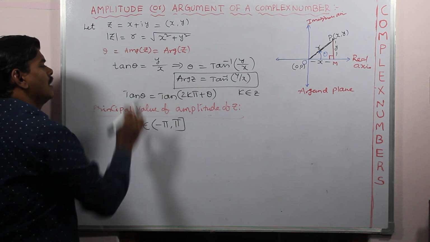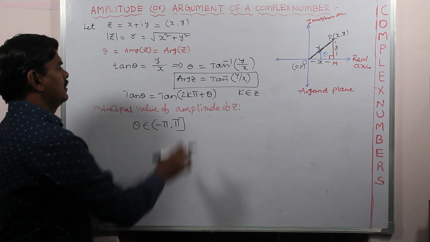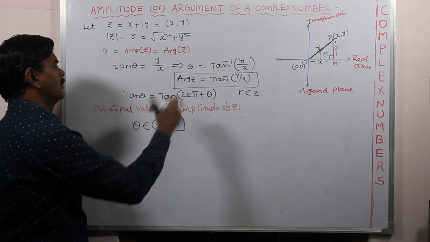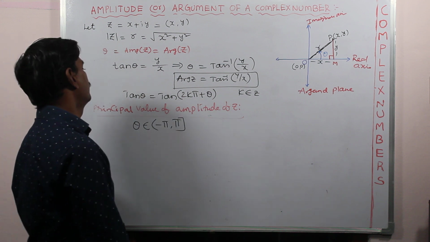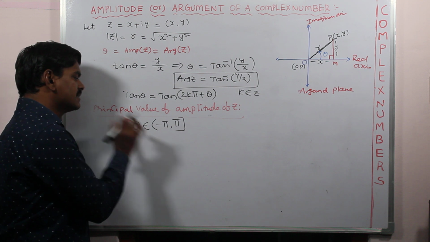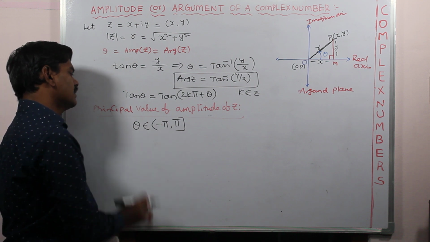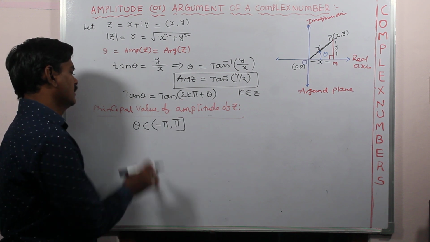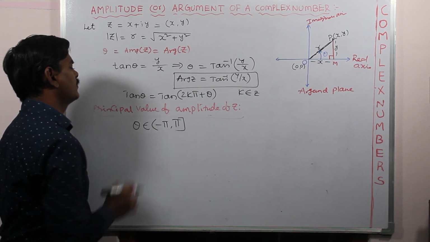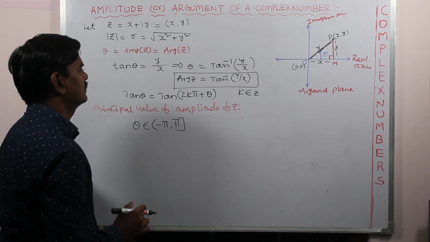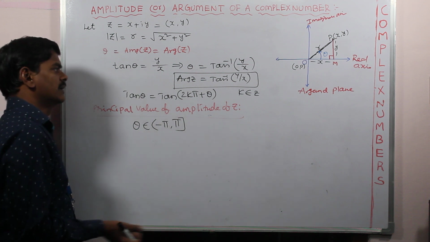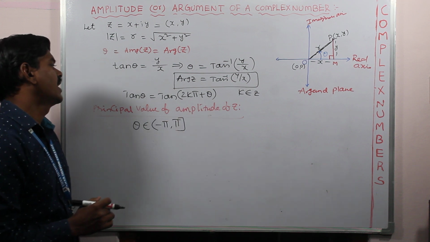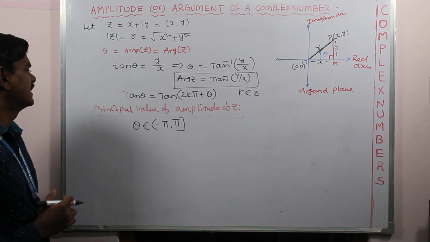This theta can take infinite values, but there exists a unique theta which belongs to the range of minus pi to pi. That theta is called principal value of amplitude of z. Of course, in the next video we will discuss how to find principal value of amplitude of z in detail.